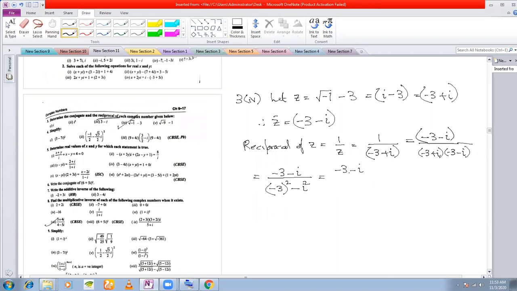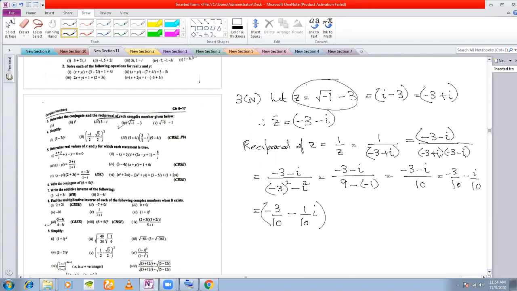You get minus 3 minus i by 9 minus of minus 1. You get minus 3 minus i by 10. So you get minus 3 by 10 minus i by 10. Or you can write this as minus 3 by 10 minus 1 by 10 i. Okay, so this is the reciprocal of the given complex number, this one.